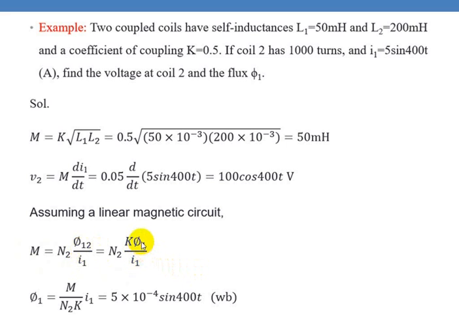So from this you can find Φ1. So Φ1 will be equal to M into I1 in the numerator, and in the denominator you will have N2 into K. Now you substitute the values. I1 is 5 sin 400t. So you substitute M, N2 and K, and you will get 5 into 10 to the power minus 4 sin 400t.